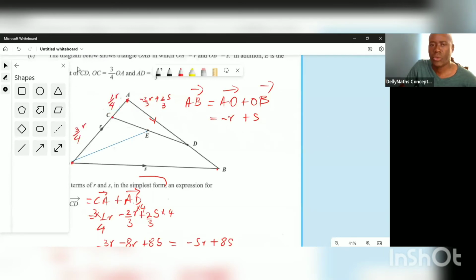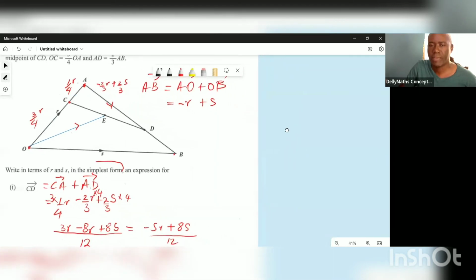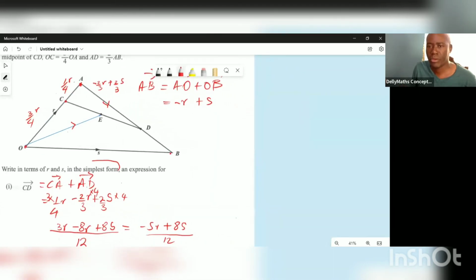So I want to move from O to E. If I'm moving from O to E, OE is simply from O to C plus from C to E. All right, so that is OE.